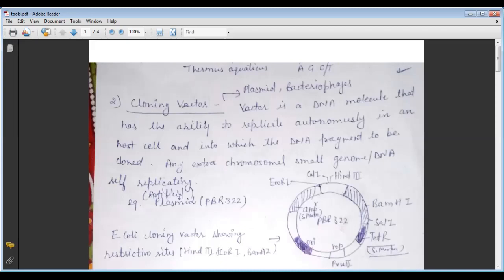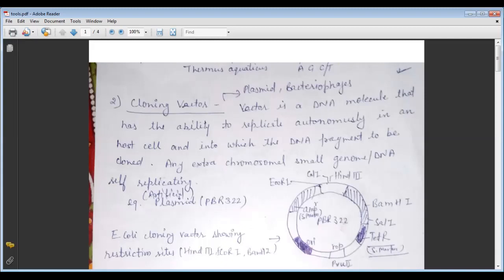In the last lecture, we discussed the restriction enzyme, which is part of the tools of recombinant DNA. The first tool of recombinant DNA is the restriction enzyme.